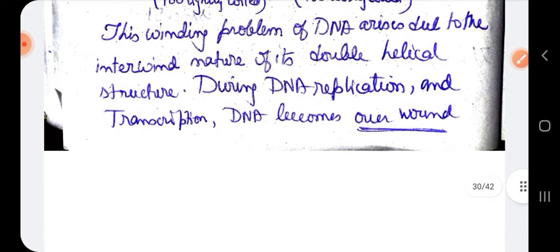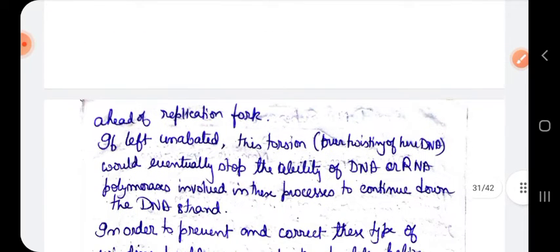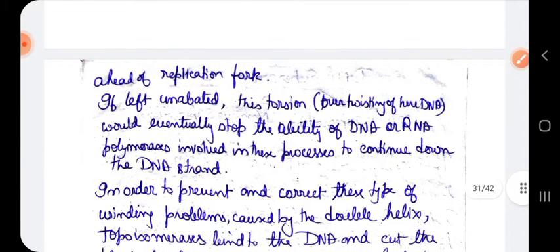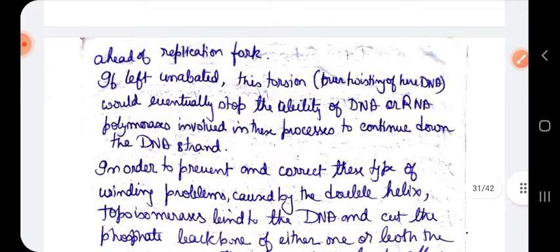So DNA becomes overwound ahead of the replication fork, and if that overwinding of DNA is left unabated, meaning if it is not solved, then this overwinding of the DNA, the torsion, will eventually stop the ability of the DNA or RNA polymerase involved in the process to continue down the DNA strand. Helicase is unwinding, due to which overwinding of the DNA occurs ahead of the replication fork.